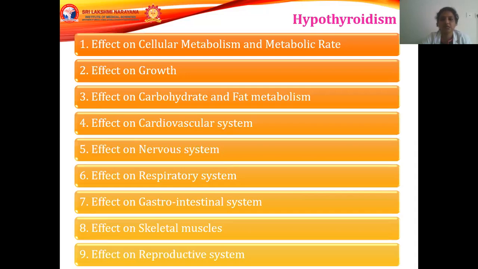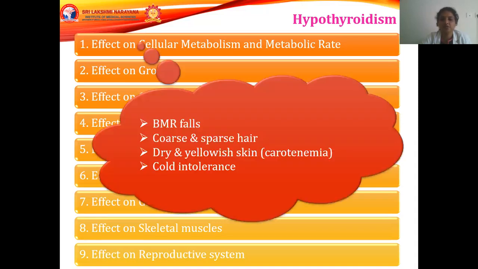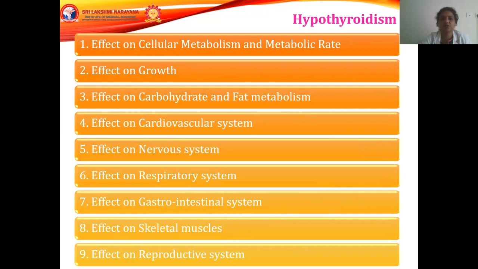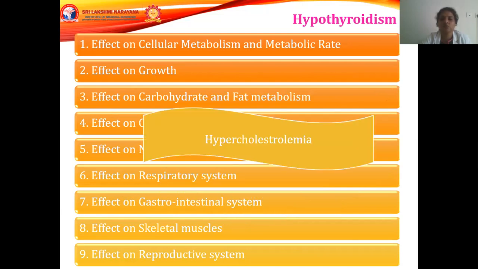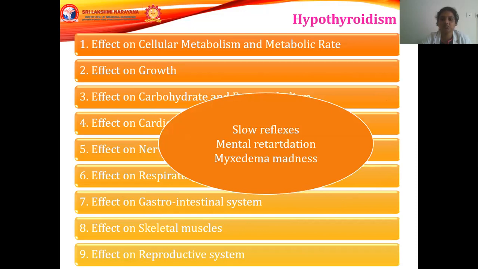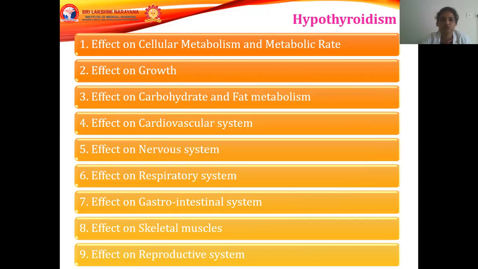Hypothyroid individuals in particular will have decrease in BMR, coarse sparse hair, dry yellowish skin, and cold intolerance. Then on the growth, there is cretinism in children. Carbohydrates and fat metabolism, we already saw that there will be hypercholesterolemia. Then on the cardiovascular system, the reflexes are slowed down, mental retardation is present, and myxedema madness is also not very uncommon.